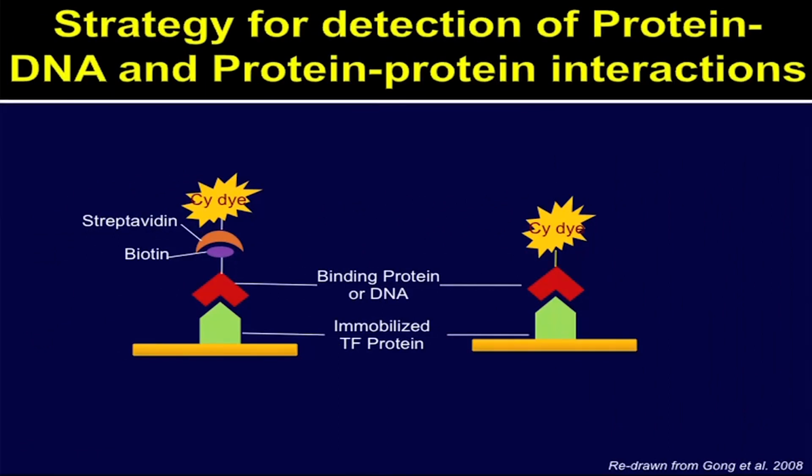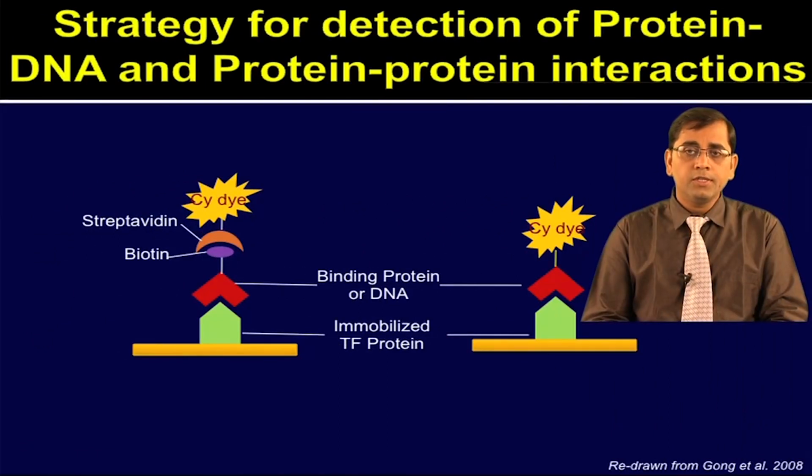In this study, authors first defined the assays for the detection of protein-protein and protein-DNA interaction. As you can see in the slide, the left panel shows the sandwich assays which they developed for the protein-protein interactions, where the first immobilized transcription factor proteins were used to bind proteins or the DNA labeled with the biotin tag, and then streptavidin and Cy dye chemistry was used to detect the signal.